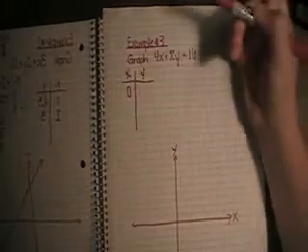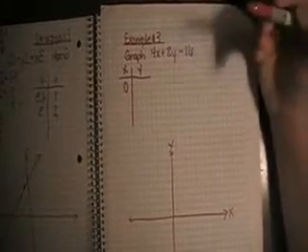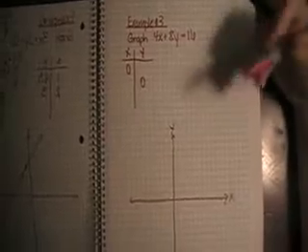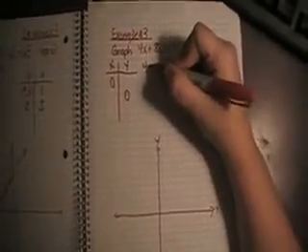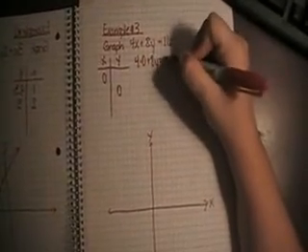First, I'll substitute a 0 for x to determine the y-intercept, and then I'll substitute a 0 for the y-coordinate to determine the x-intercept. Okay, so 4 times 0 plus 8y is equal to 16.